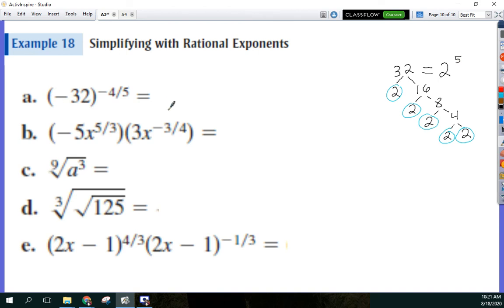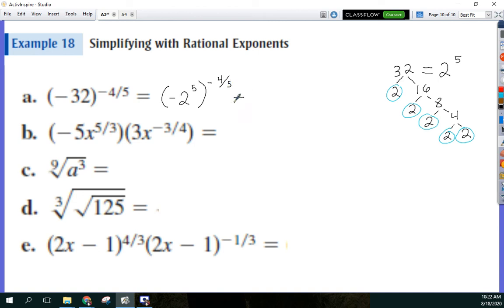So instead of negative 32, I would want to rewrite that as negative 2 to the 5th, to the negative 4/5. And the reason we want to do that is because now, recall from our exponent rules, when we have a power raised to another power, we multiply those powers.